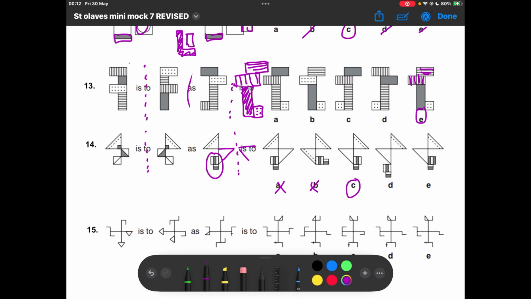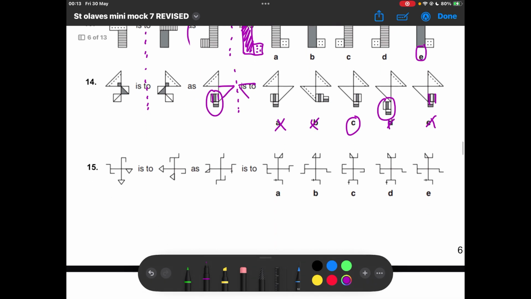C is correct. D is not correct because this is not reflected, and E is wrong because there's 2 grey and 1 white when it should be 1 white and 2 grey. So we've got to look out for these fine details.